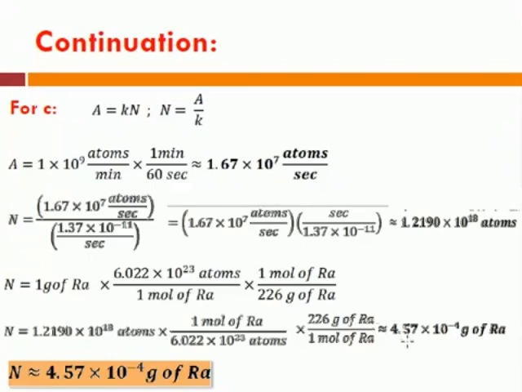So if you evaluate this, approximately you will get 4.57 times 10 raised to negative 4 grams of radium. And that is the answer for letter C. So in atoms, that is 1.2190 times 10 raised to 18 atoms. In grams of radium, that is 4.57 times 10 raised to negative 4. So that is the answer for number 1.